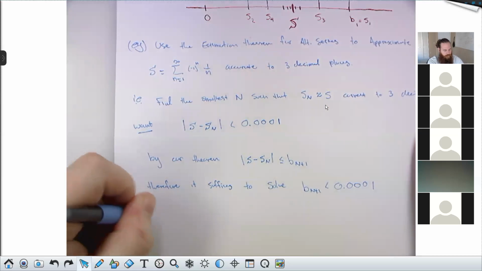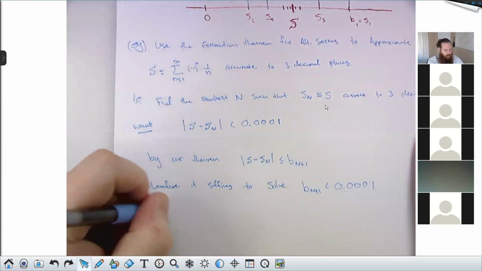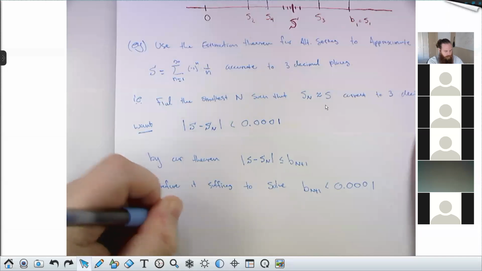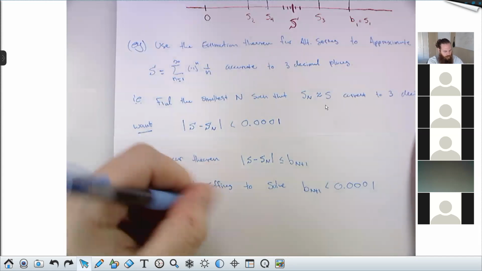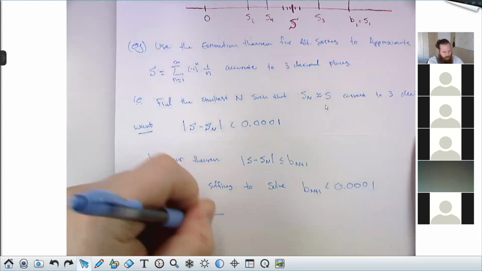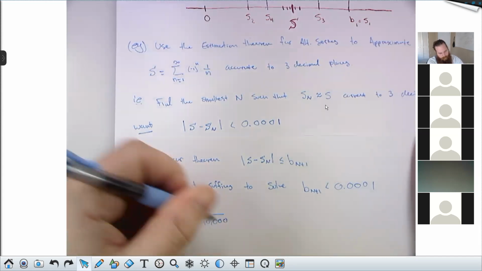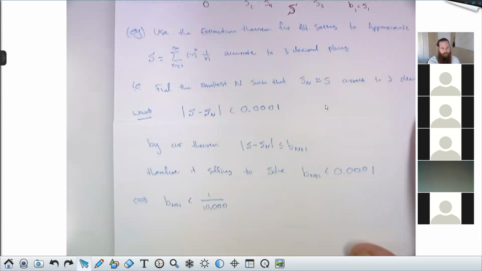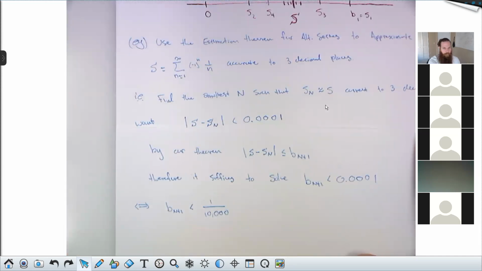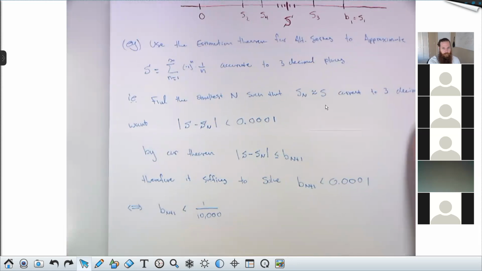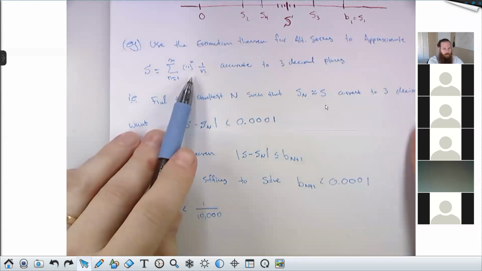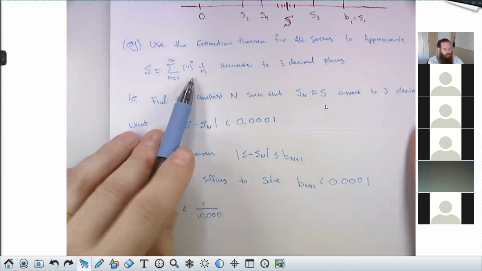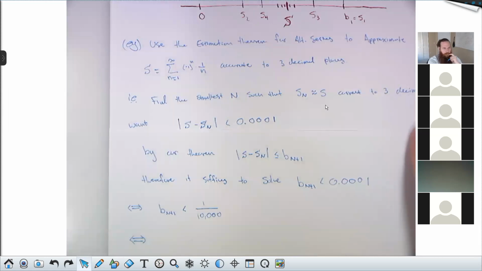That inequality is equivalent to saying B sub n plus 1 is less than 0.0001, which is 1 over 10,000. What is b sub n plus 1? I know that bn here is 1 over n. So what is bn plus 1?